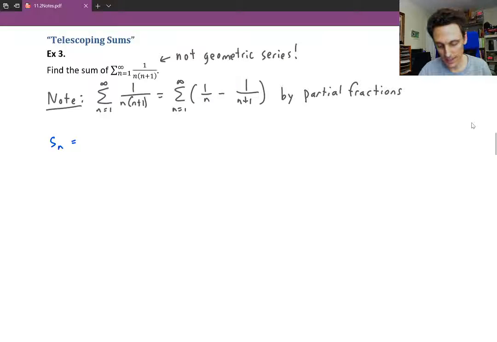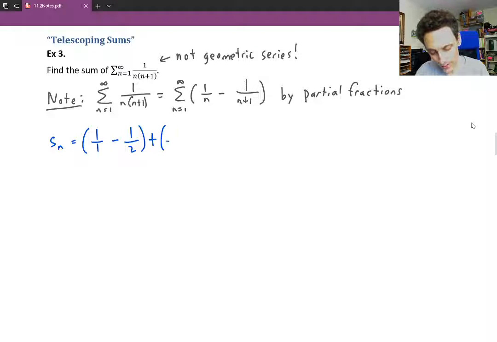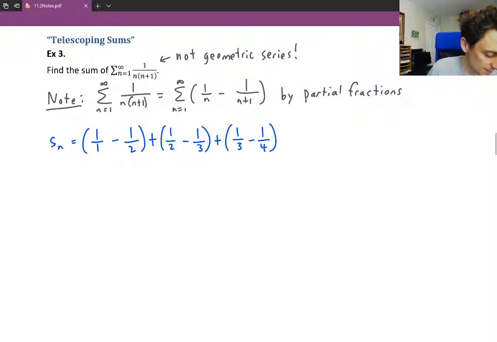So we're going to plug in n equals 1, and we're going to get 1 over 1 minus 1 over 1 plus 1, which is 2. The second one, we're going to plug in n equals 2, so that's 1 over 2 minus 1 over 2 plus 1, which is 3. Then we get 1 over 3 minus 1 over 4, and so on.